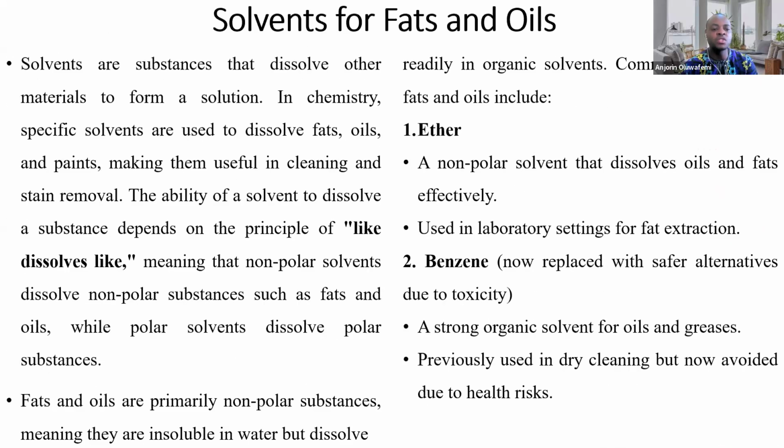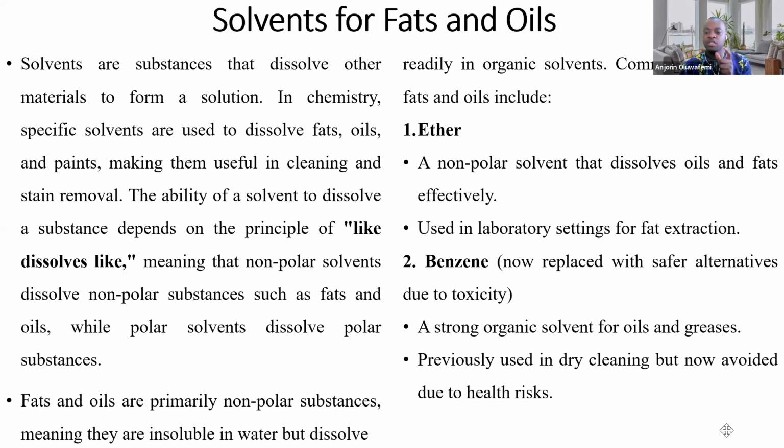We want to look at solvents for fats and oil. So solvents are substances that dissolve other materials to form a solution. Now, in chemistry, specific solvents are used to dissolve fats, oils, and paints, making them useful in cleaning and stain removal.